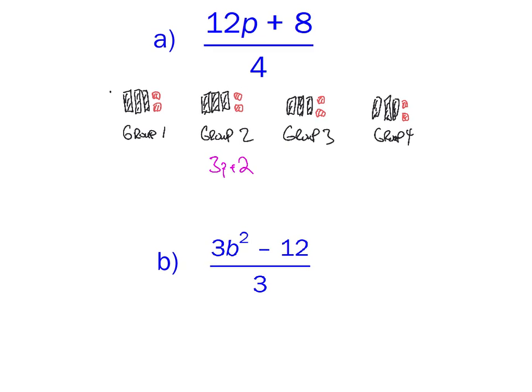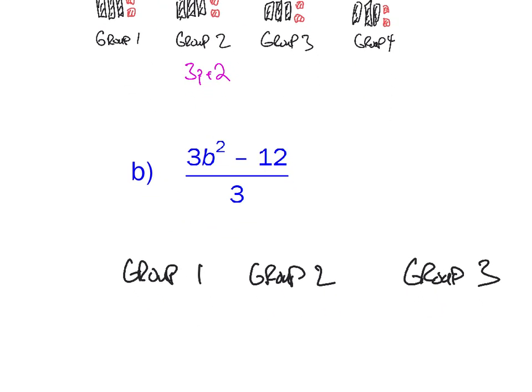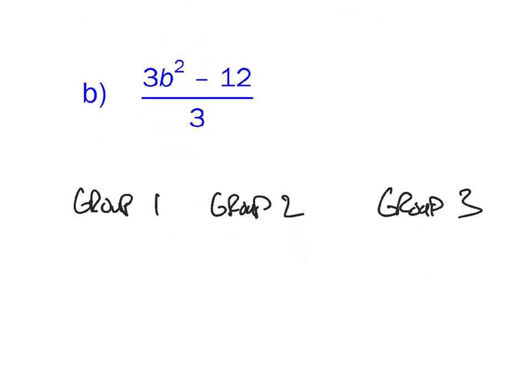So now if we take a look at the second question, how many groups do we have? 3. Thank you. Group 1, Group 2, and Group 3. 3b squared. How do I draw out 3b squared? Shaded. Cool. So 1 big shaded square, 2 big shaded squares, 3 big shaded squares.